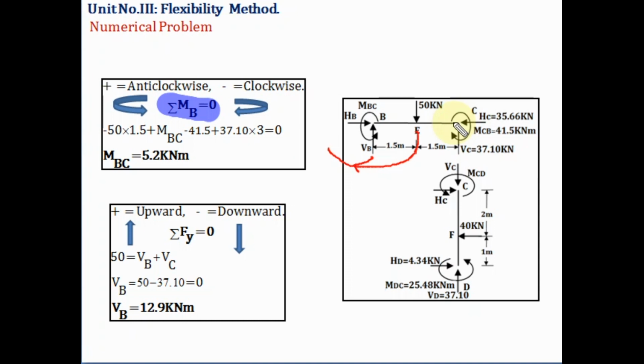Then MBC, how is it acting? Clockwise, so here it should be minus. Then this 41.5 is acting anti-clockwise.